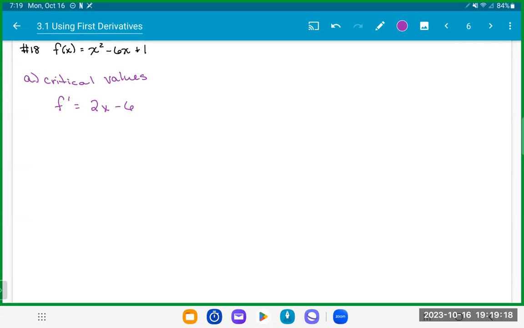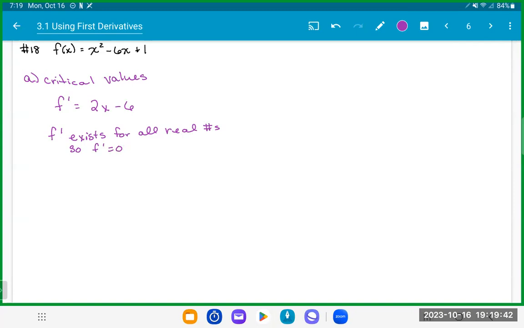Okay, now our derivative does exist for all real numbers. So our f prime can be set to 0.